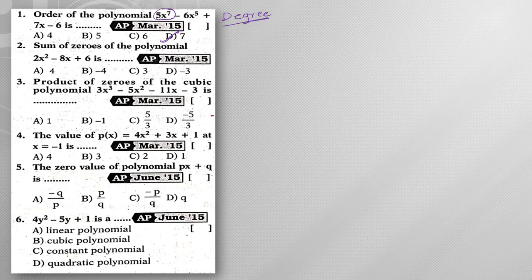Next, the sum of zeros of a polynomial 2x square minus 8x plus 6. This is a quadratic polynomial. Sum of zeros, shortly we can represent it as SOZ. The sum of zeros of a quadratic polynomial is given by minus x coefficient by x square coefficient.